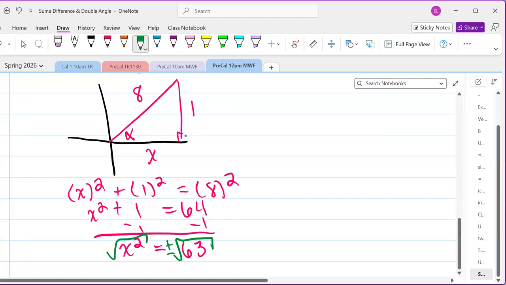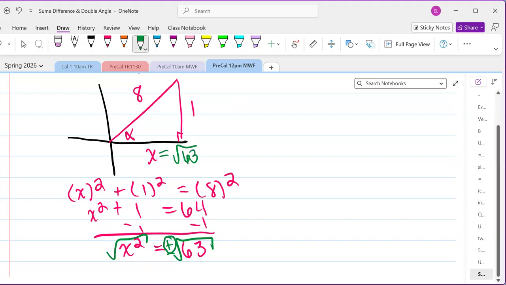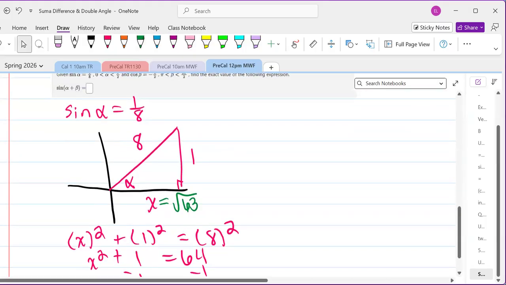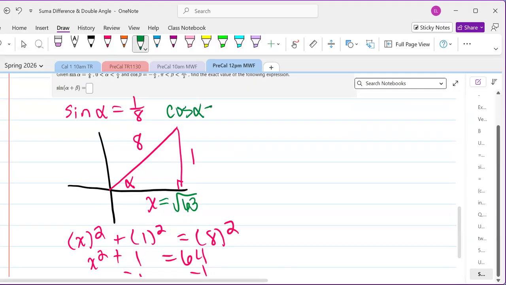X is the positive x-axis. So we're going to use the positive square root of 63. So we can now say that the cosine of alpha is adjacent over hypotenuse, so square root of 63 over 8. So I've got my cosine alpha and my sine alpha.